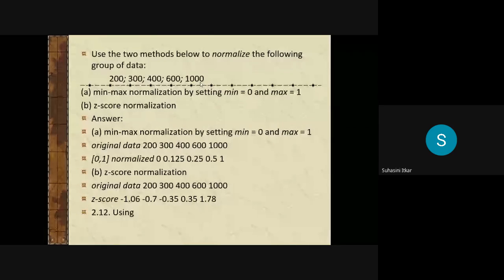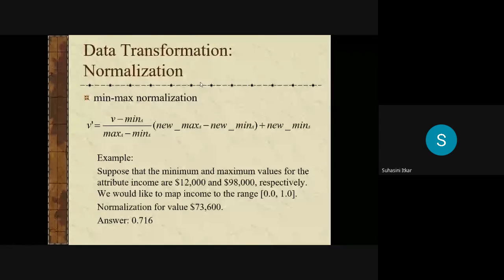For V as 300 and V as 1000, what will be the value V dash? 0.125.